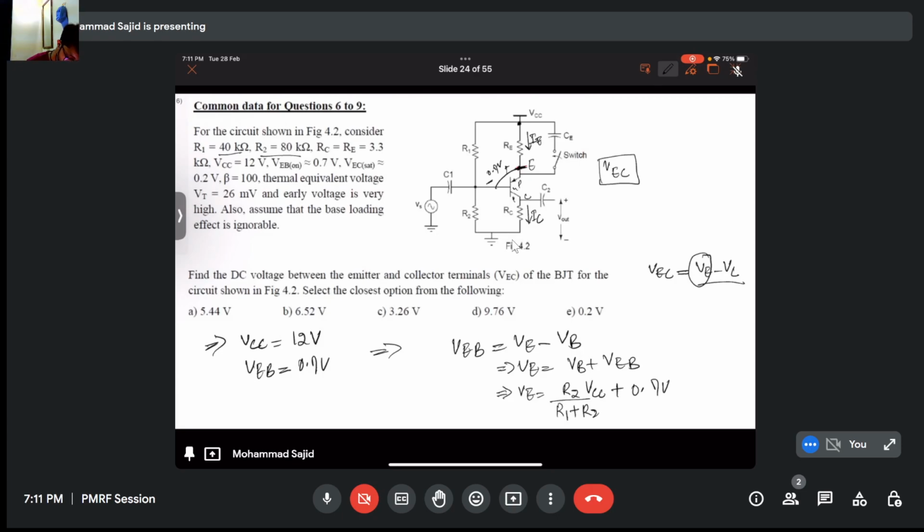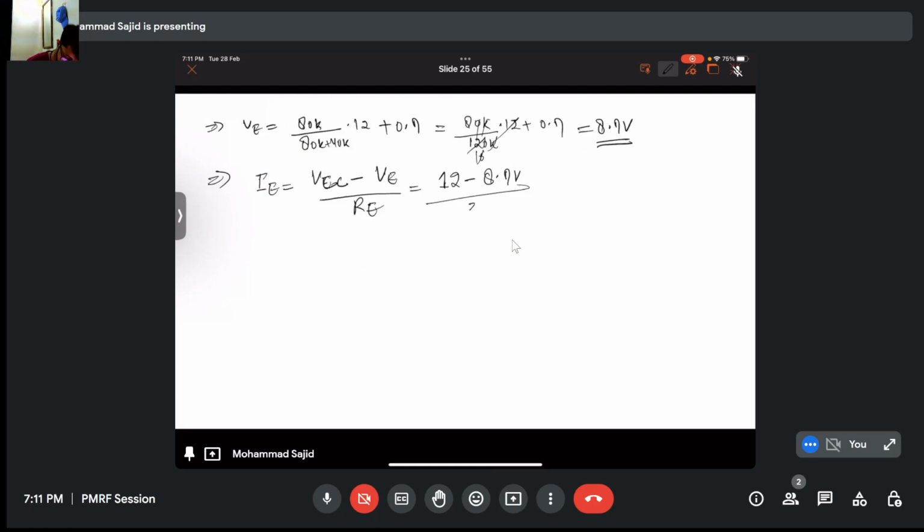RE is given to us as 3.3k. Clear enough? This will be equivalent to 3.3 volt by 3.3k. This will go, IE will be 1 milliampere.